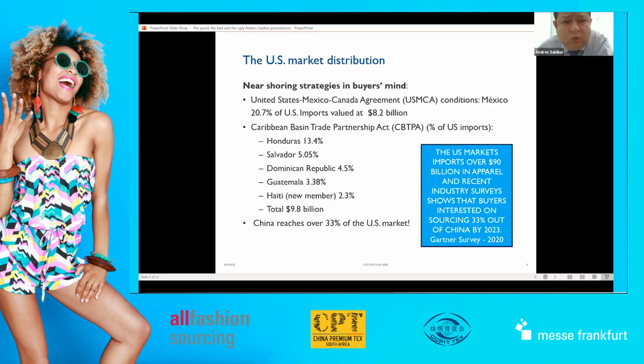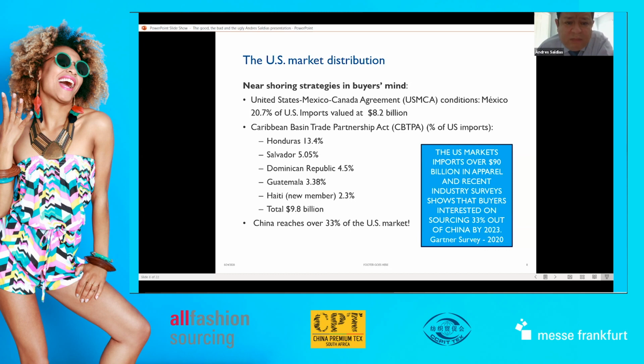And let's just see what the US market distribution looks like as of today. Again, the USMCA allows Mexico to be one of the major partners, with 20.7% of US imports already coming from Mexico. As far as the Caribbean Basin, talking about nearshoring, 24 hours for a 40-foot container from Honduras to Miami is a big factor.